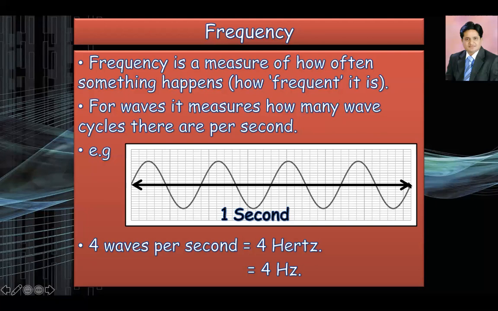So 4 waves pass through a point in 1 second. So its frequency is going to be 4 hertz, because frequency means the number of waves that pass through a point per second.